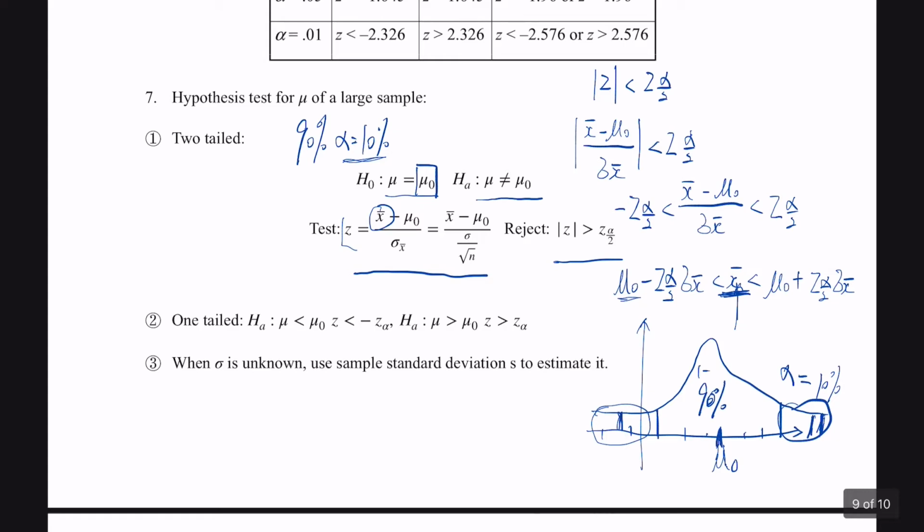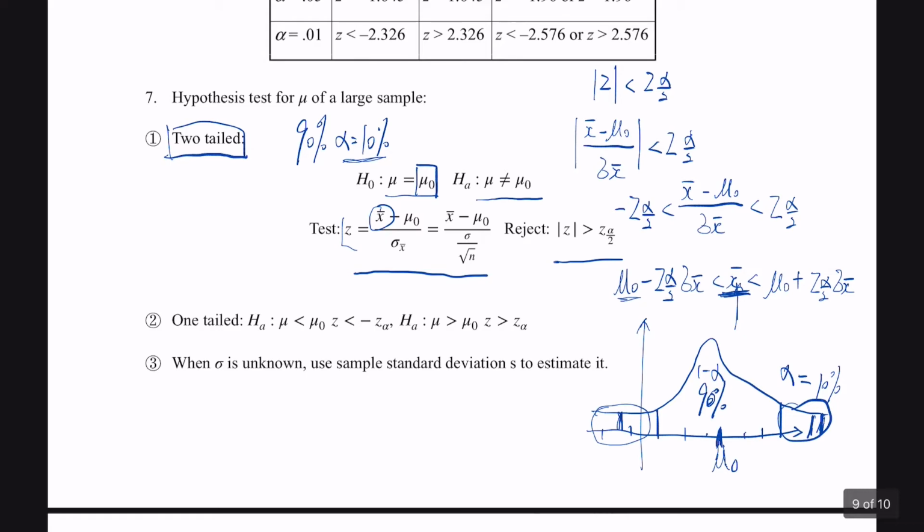And here is 1 minus alpha. If you combine this with the formulas we got from the confidence interval section, the hypothesis test, especially the two-tailed hypothesis test, is just the reverse of our confidence interval.